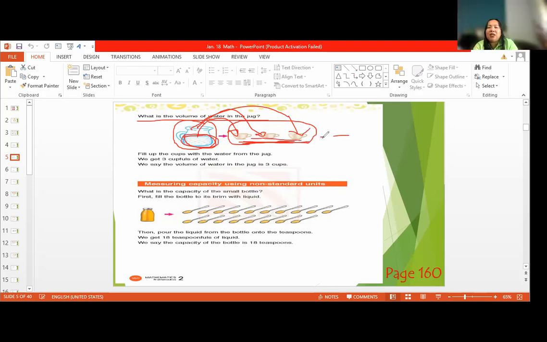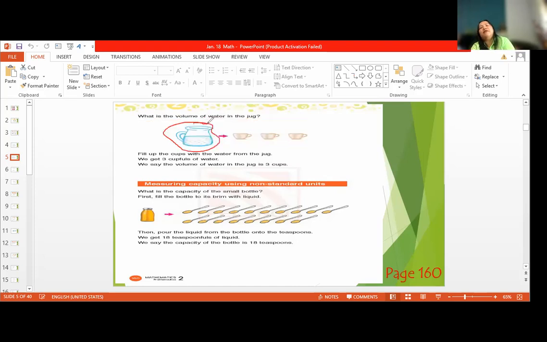So what is the volume of water in the jug, class? Three. Yes, very good. The volume of water in the jug is 3 cups.